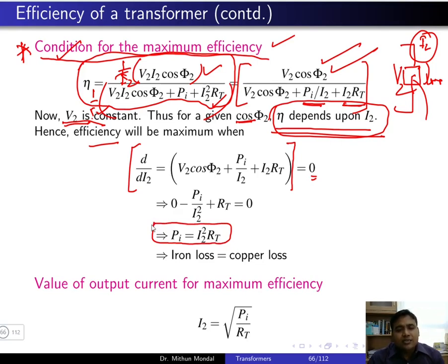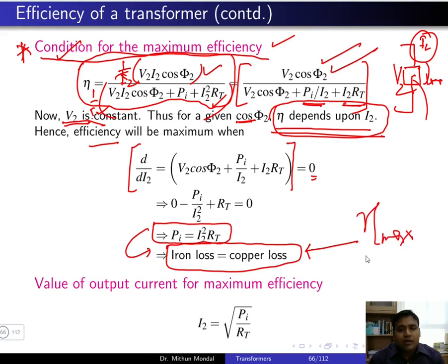So this condition suggests that the iron loss is equal to the copper loss. Iron loss is a constant loss and doesn't depend upon the load condition, whereas the copper loss will depend upon the load. But for the maximum efficiency condition, the iron loss is equal to the copper loss, or we can say the constant loss is equal to the variable loss.